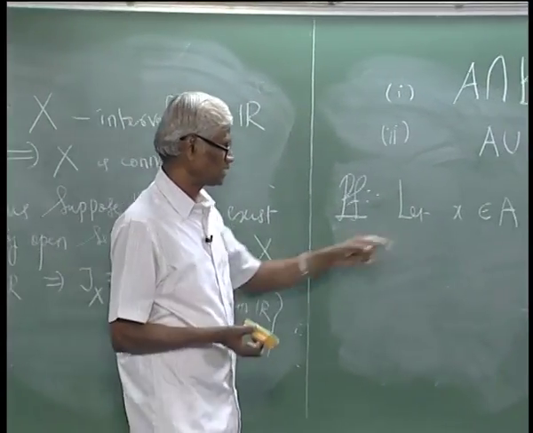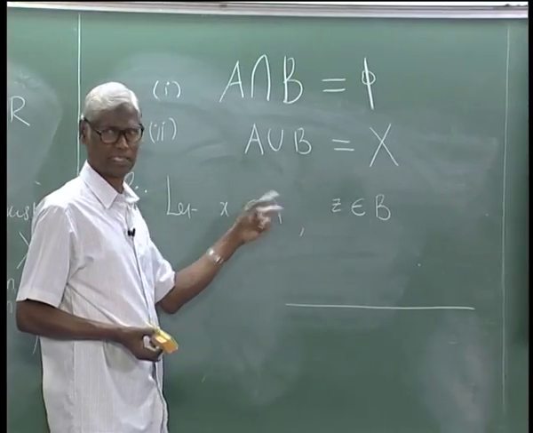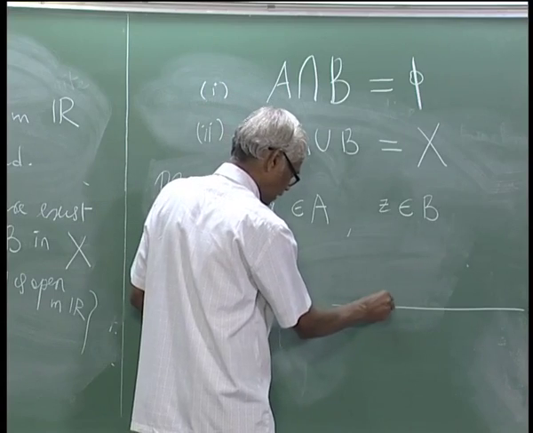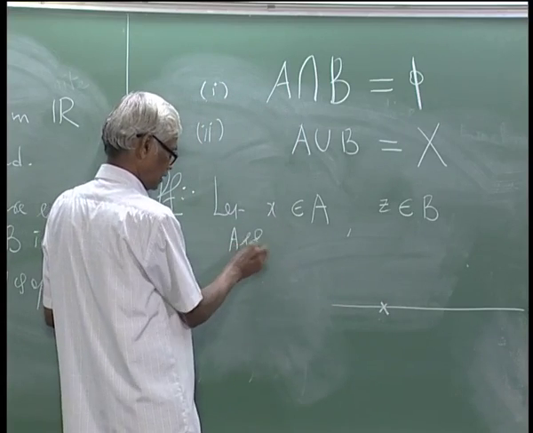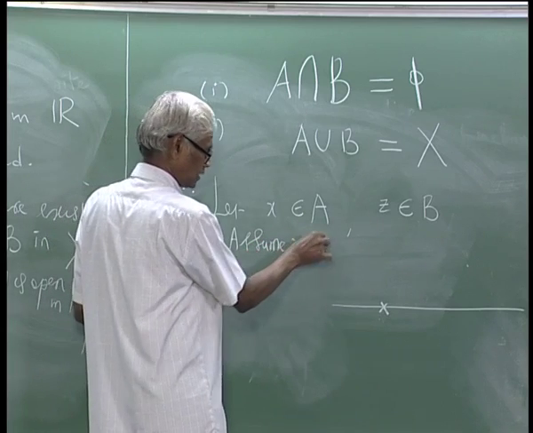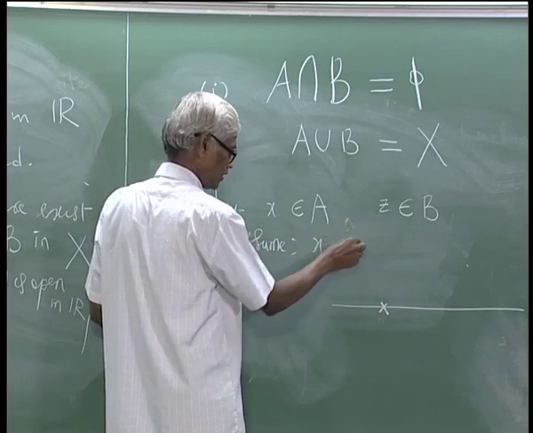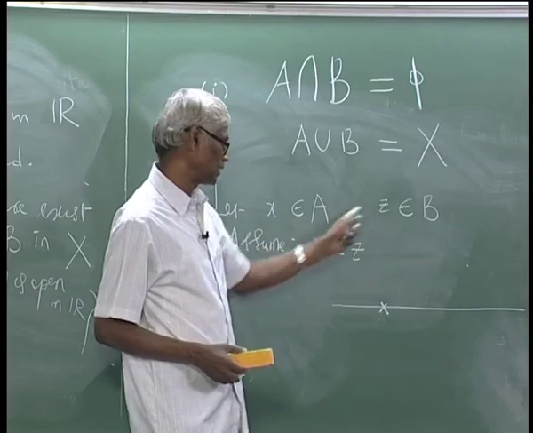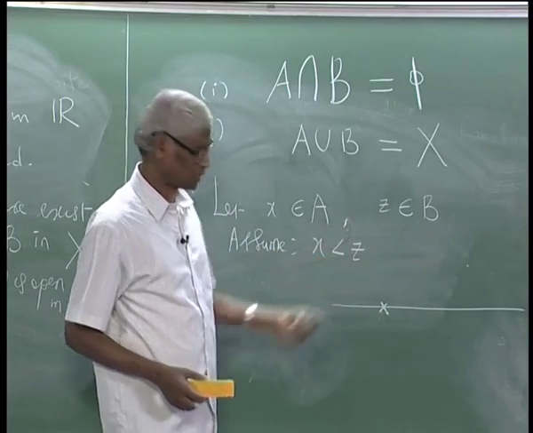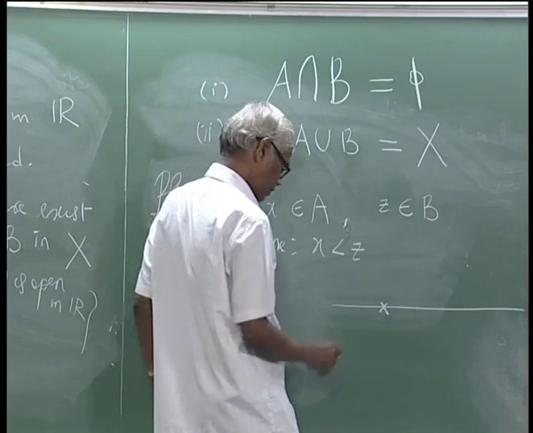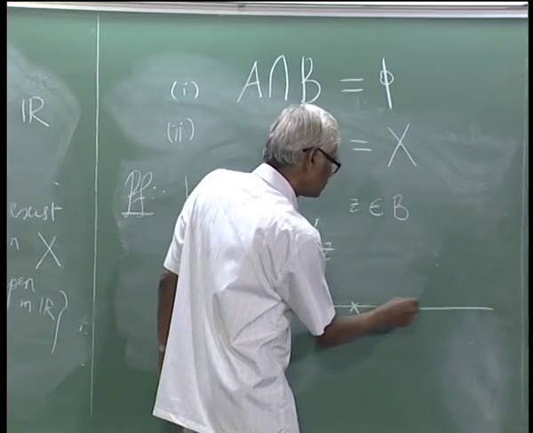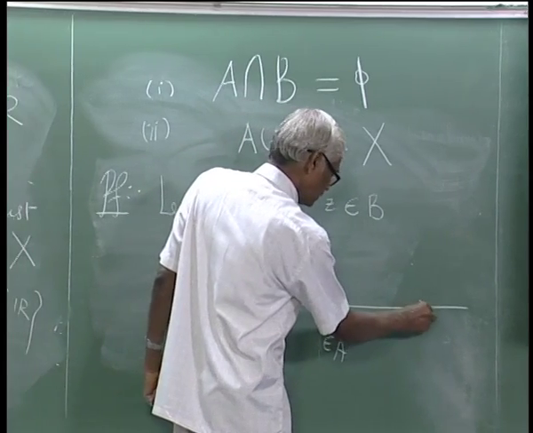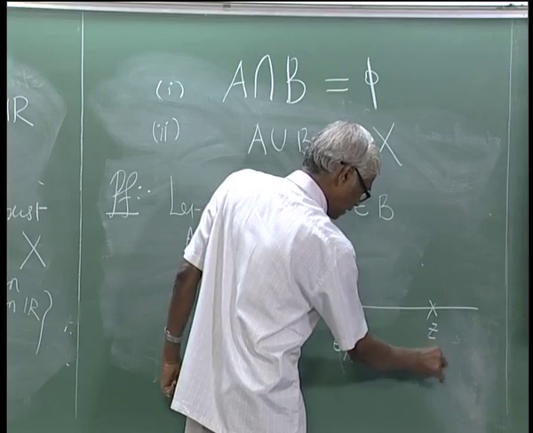So either x is less than z or z is less than x; without loss of generality, let us assume that x is strictly less than z. So x is in A, and z is in B.